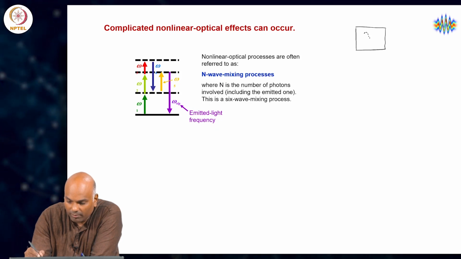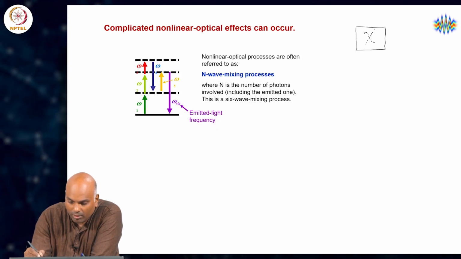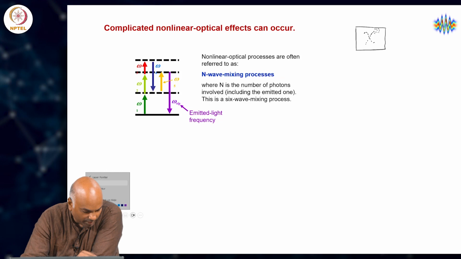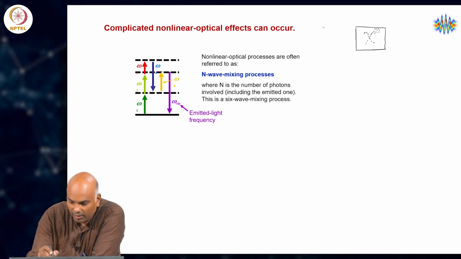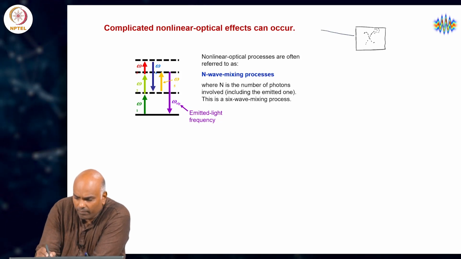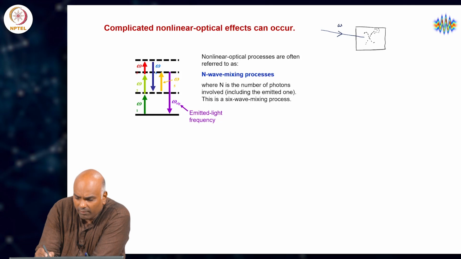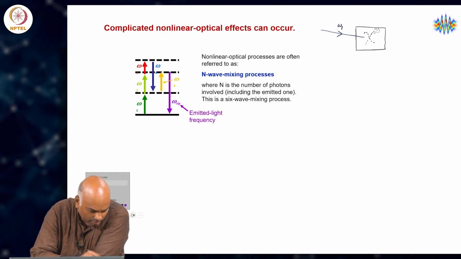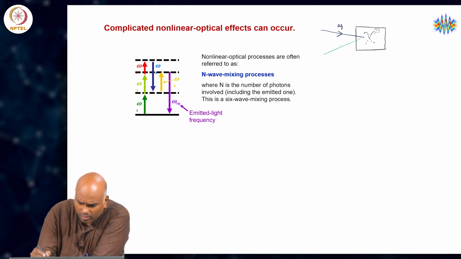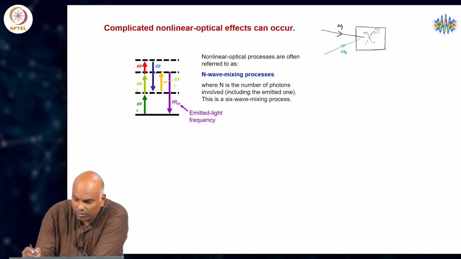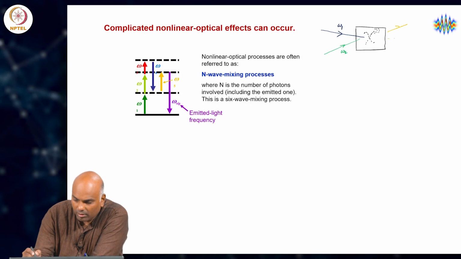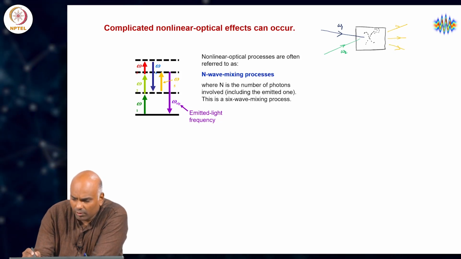So, here is a medium, here is a chi 2 medium, and we have essentially a beam at omega 1, omega 2. So, we could then have beams come out as a consequence of nonlinear processes, right.